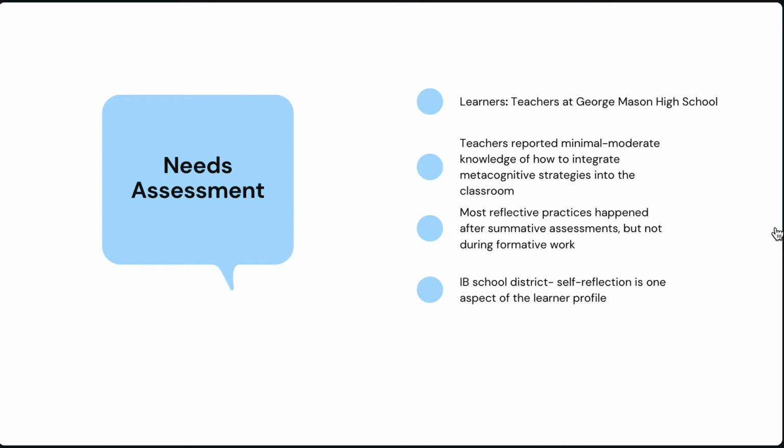So there is motivation, from administration and from MYP and DP coordinators at the school, to have teachers know how to use these practices, teach metacognition explicitly, and use these strategies, because students are asked to be self-reflective. That is a goal of the learning model at our school.